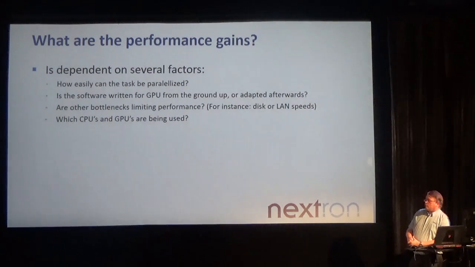And of course, which CPUs and GPUs are being used. Some GPUs give more power, while others give less. And sometimes the CPUs and the system can actually limit the amount of tasks they can send to the GPU, so you can't actually utilize a super powerful GPU on a slow CPU. So they have to match.